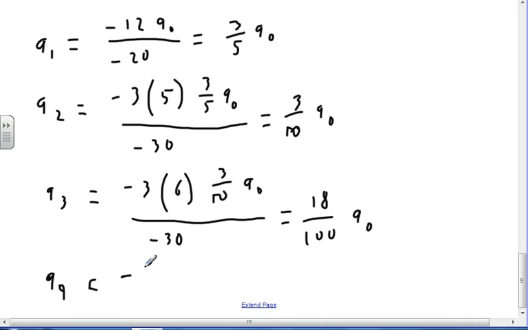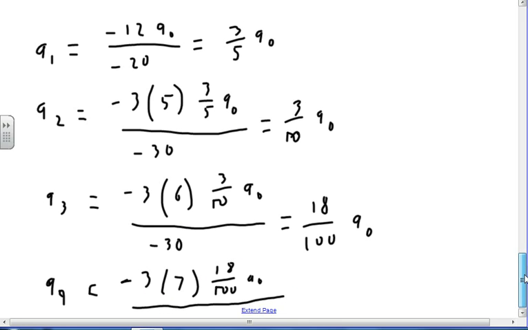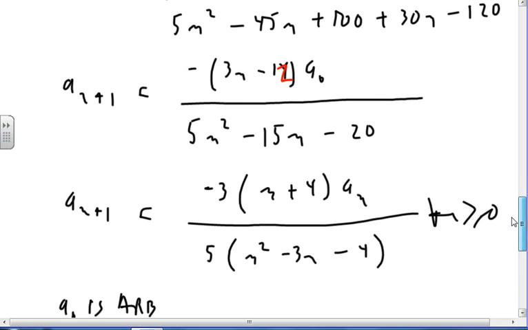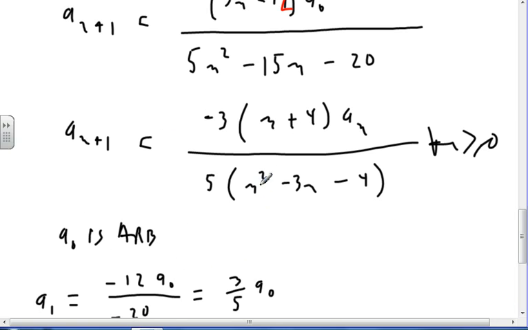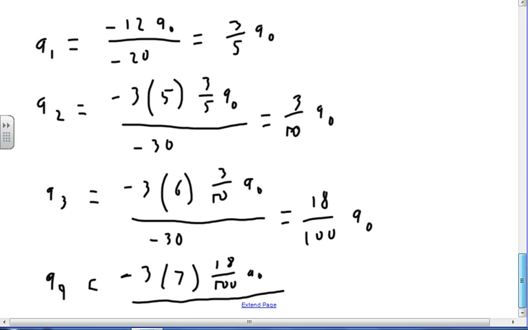A4 is minus 3 times 7 times 18/100 A0 divided by, so this is a 3. So 3 squared minus 3 squared, this is going to be a minus 20.